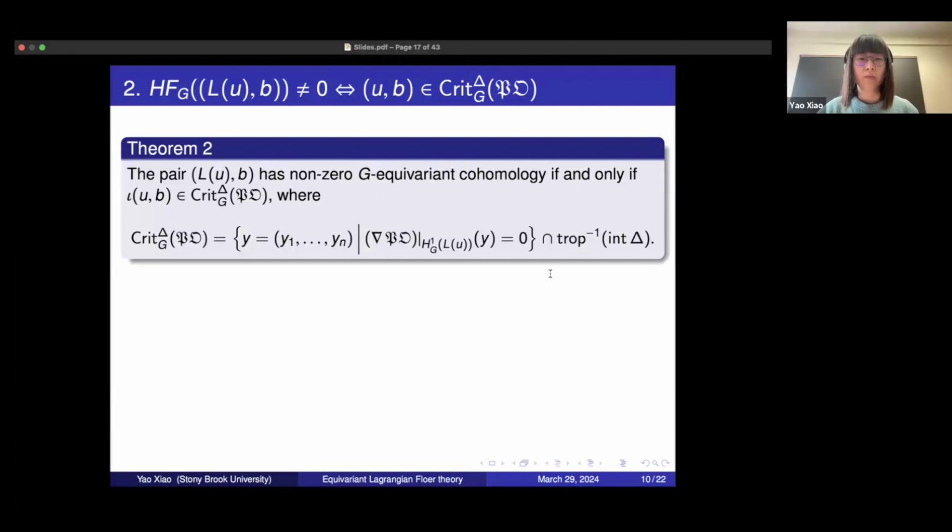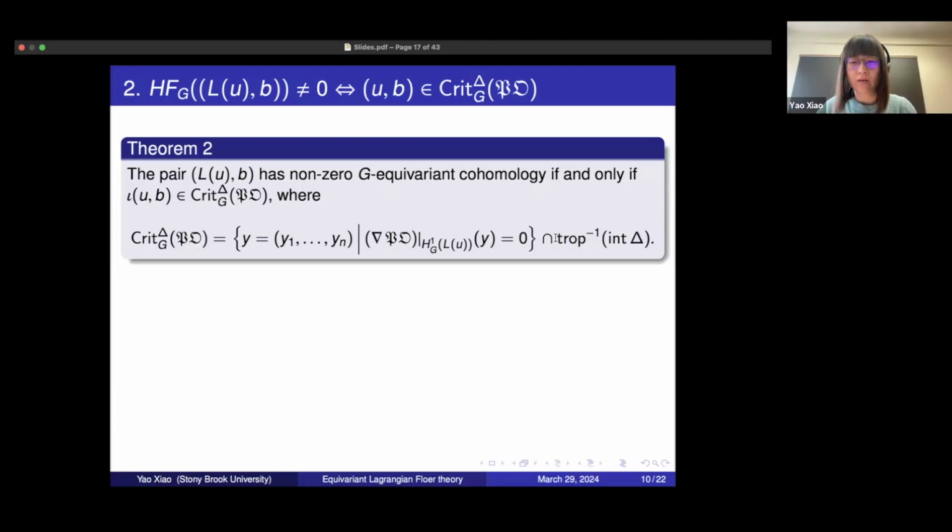As promised, I have a result which tells me what kind of Lagrangians and manifolds have non-zero equivariant Floer cohomology. This holds if and only if, considering this embedding sending (u, b) to y, where y is, remember, an element in Lambda star to the n, this L_{(u,b)} has non-zero equivariant Floer cohomology if and only if the gradient of the potential function vanishes on the normal directions of the G action.